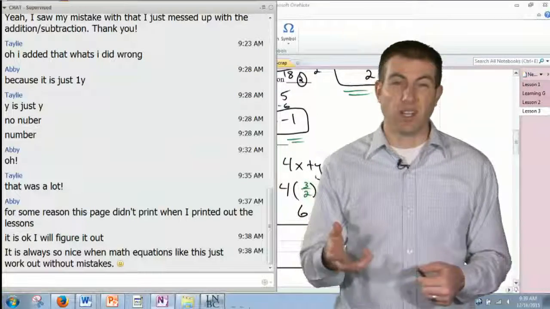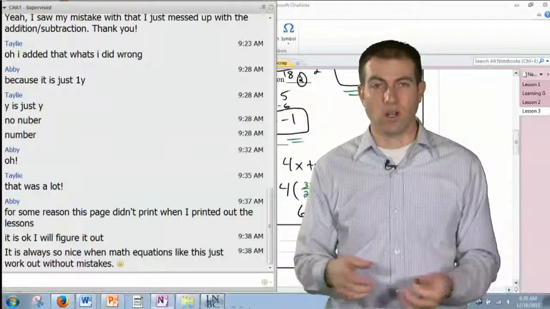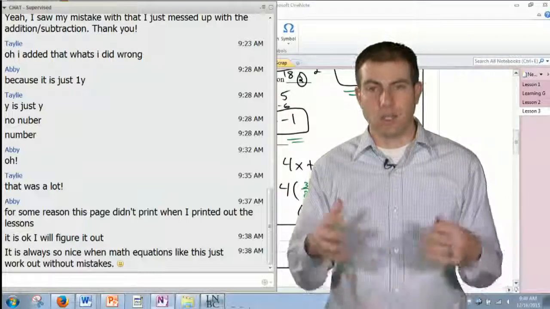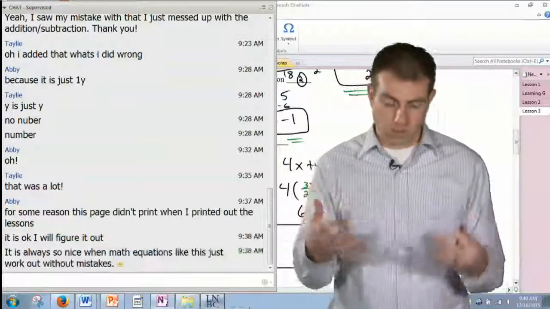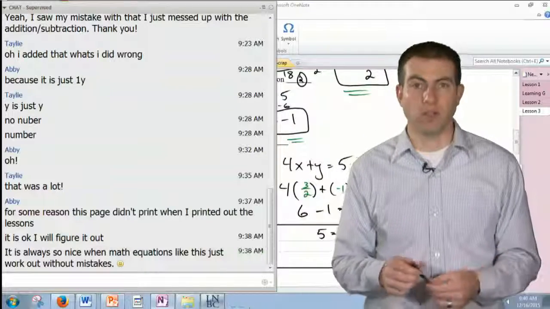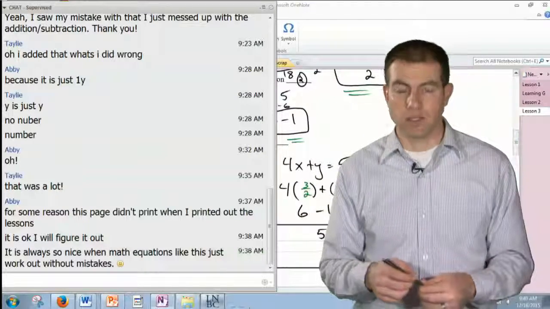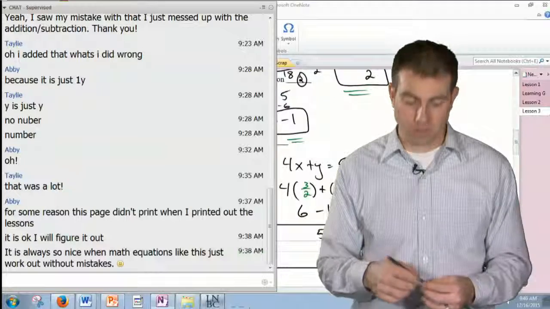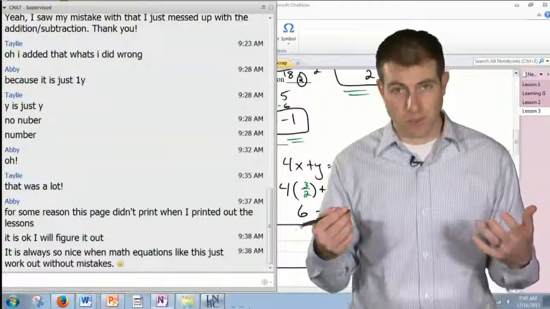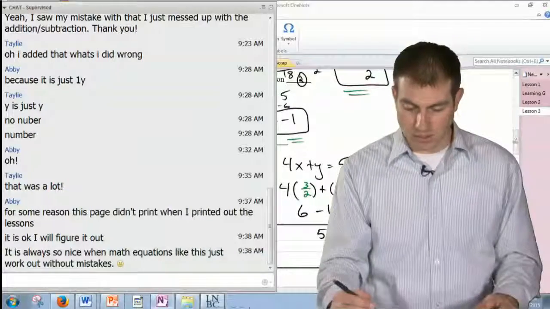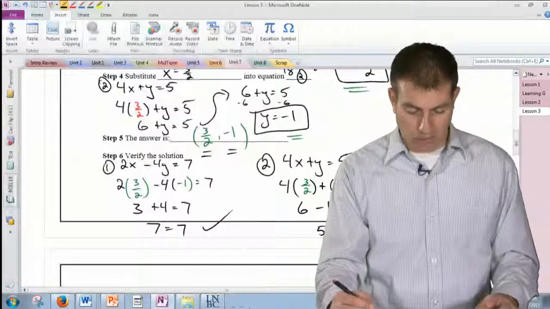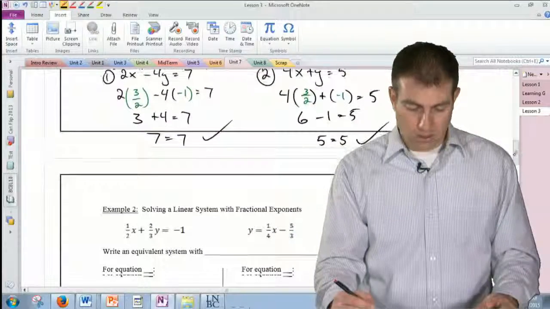You can't go through this stuff being like, oh, I think this is wrong, I'm going to have to do this again. Just take your time, do the best you can, and if it works out that you didn't end up with the right answer, then you're going to have to go back and figure out your mistake. But it's good to have confidence while you're going through these things, because they can be a lot of work.